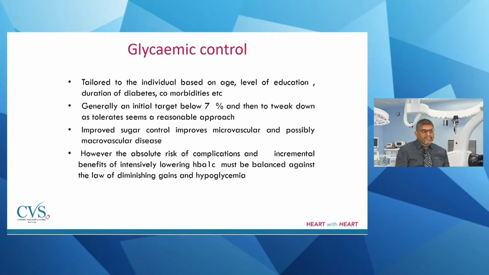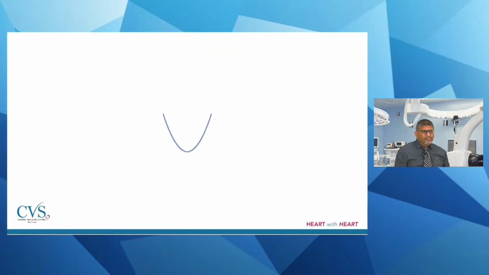However, like I said, the absolute risk of complications and the incremental benefits of intensively lowering HbA1c must be balanced against the law of diminishing gains as well as the risk of hypoglycemia. So basically, you've got to find the target here. Okay, you don't want the HbA1c to be too high, you don't want it to be too low.